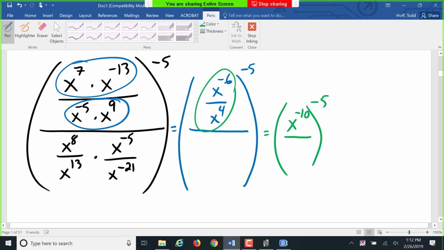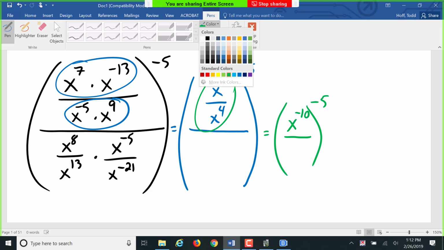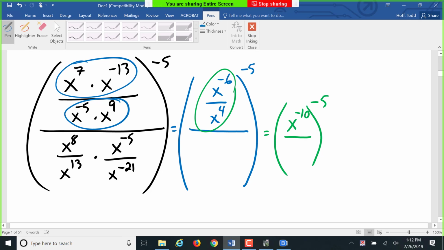Now I'll work with the bottom since the top is down to a single exponent. On bottom, what do we have to do first? X to the 8th divided by x to the 13th is x to the negative 5th.